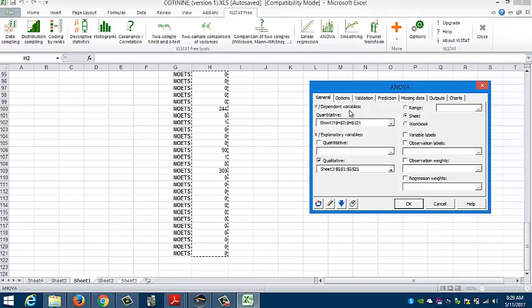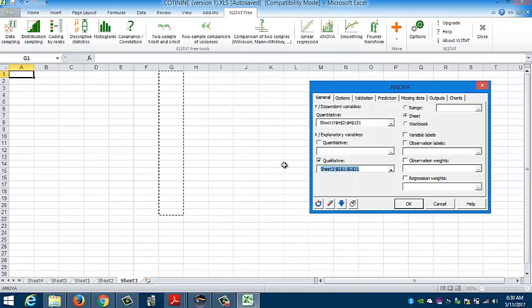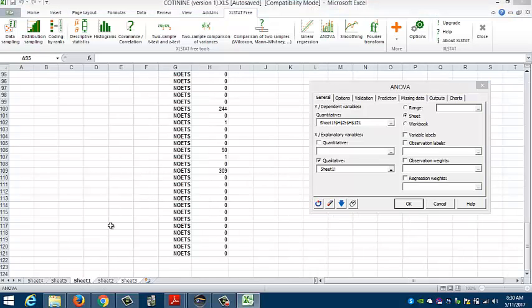So we have all this highlighted, quantitative data. You need to fill that in. You've got to tell it where the data is. And you'll notice down below it says qualitative. That's what I'm going to highlight next. I'm going to tell it where the labels are. Again, I have to make sure I'm on the right sheet that has the labels. And there's all my labels.